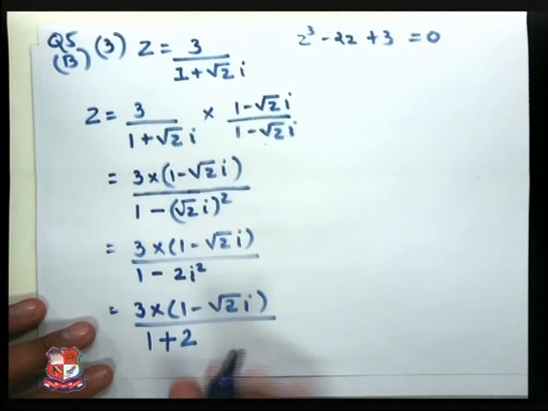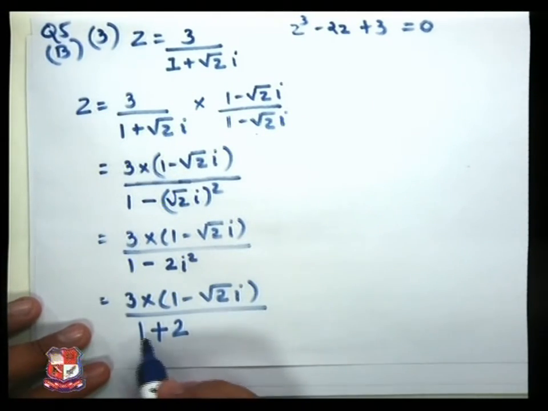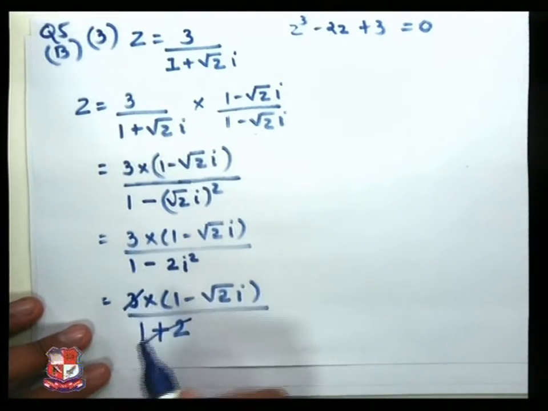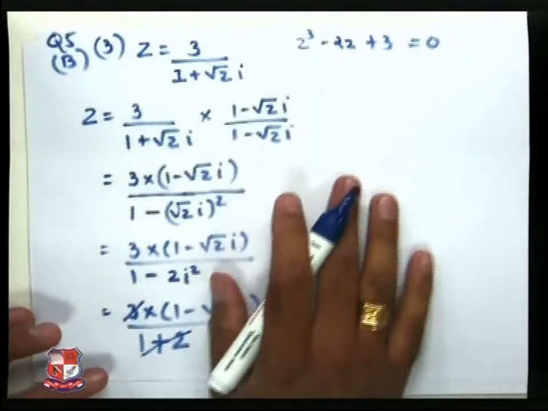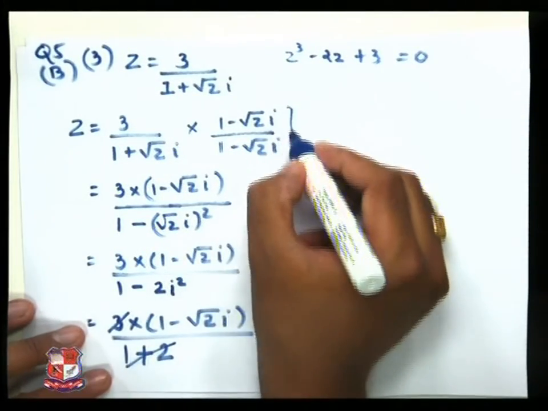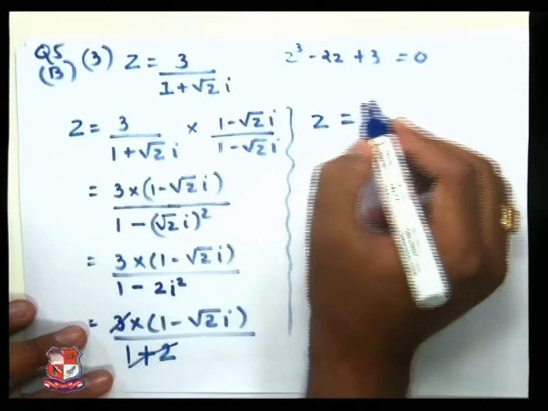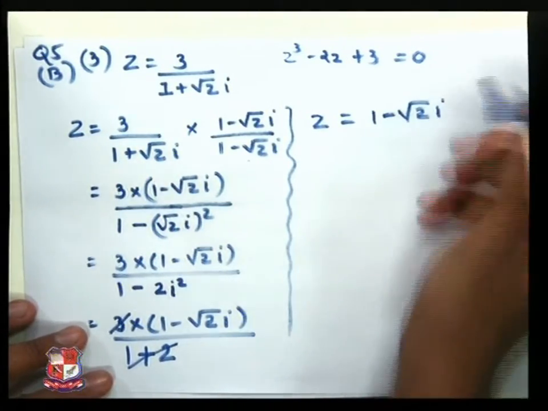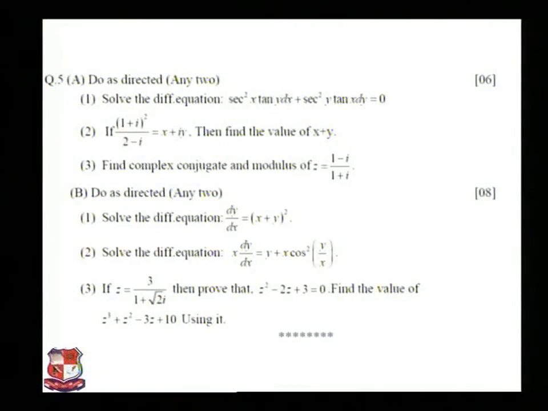So in the denominator 1 plus 2 is nothing but 3, and this 3 cancels with the 3 in the numerator. So our z value is 1 minus under root 2i.